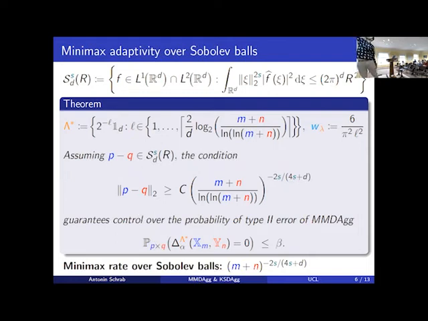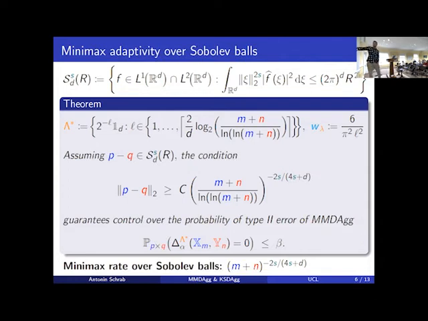What's crucial about this is that for the Sobolev balls, you have a smoothness parameter S that's in green up there, and this smoothness parameter is unknown. And here, the collection of bandwidths we consider does not depend on any smoothness parameter S. And nonetheless, we obtain almost the minimax rate.